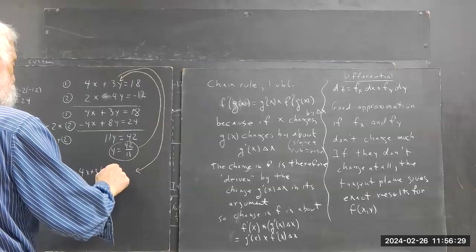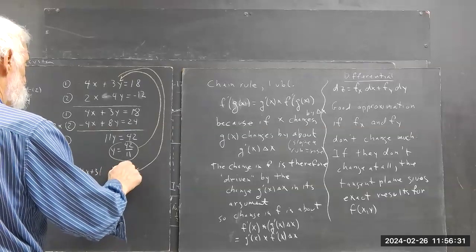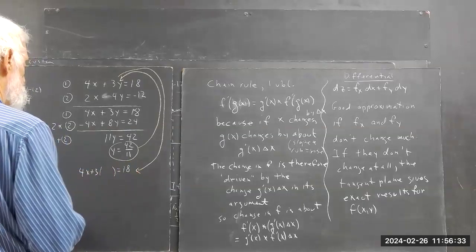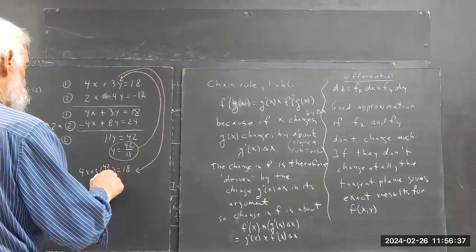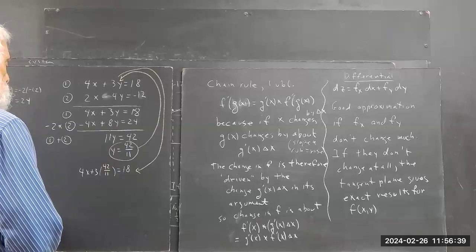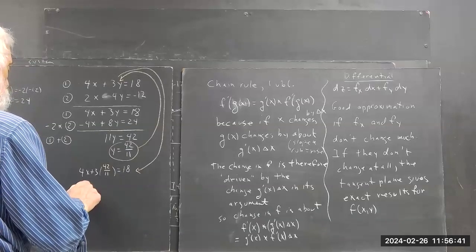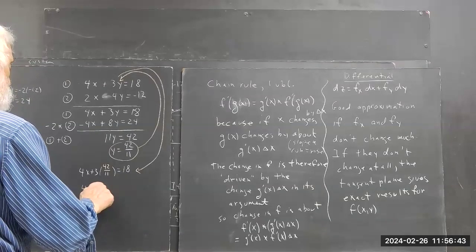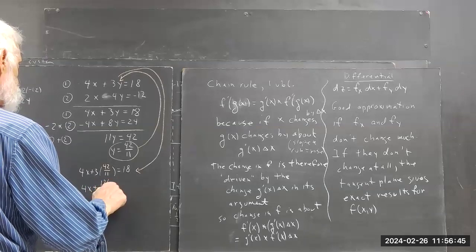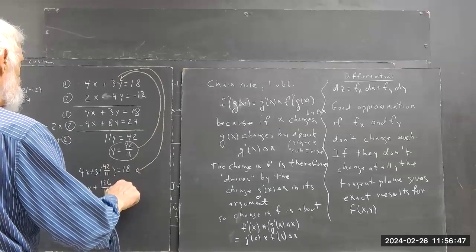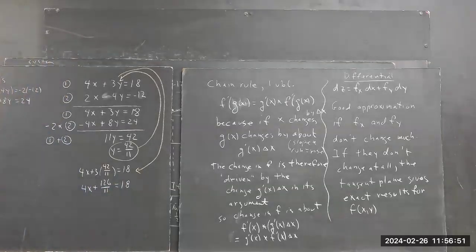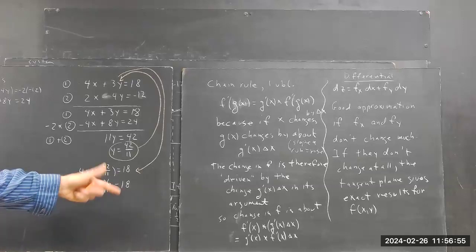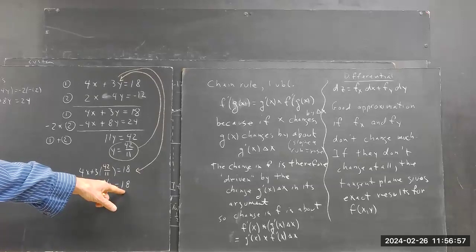Okay, well, so the first equation would give us 4x plus 3 times y equals 18. Of course, y is 42 over 11. That comes out 4x plus 126 over 11 equals 18. And we could put 18 and 126 over 11 over a common denominator, okay?